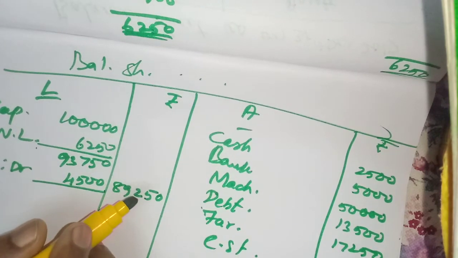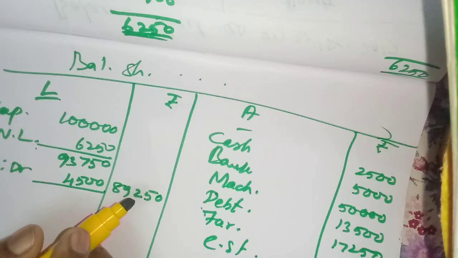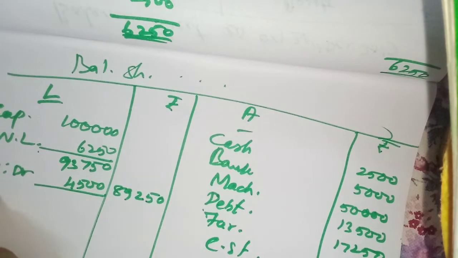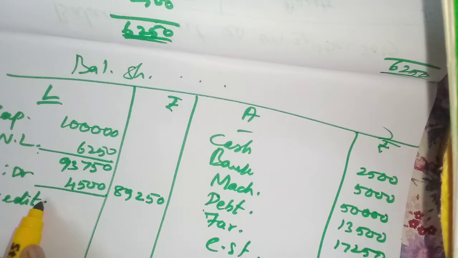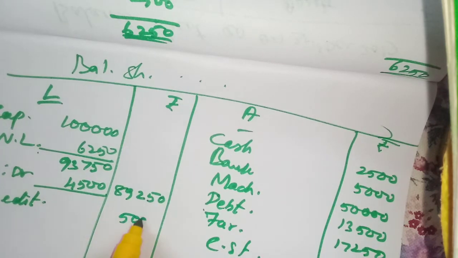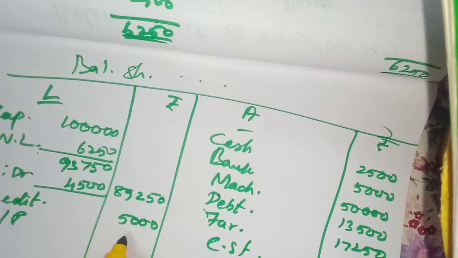Okay, now we have written debit side items; this credit side, creditors 5,000. Bills payable 2,000. Then adjustment item we have written 2 times.